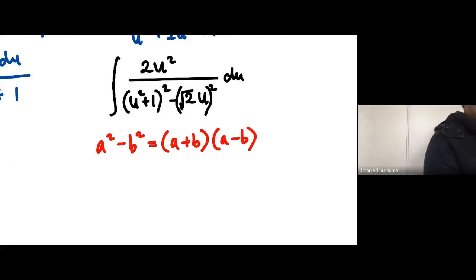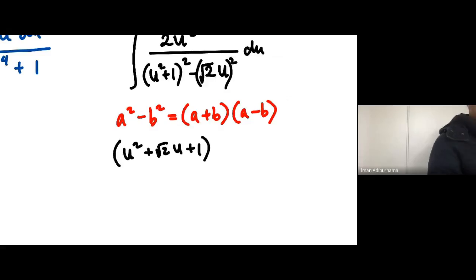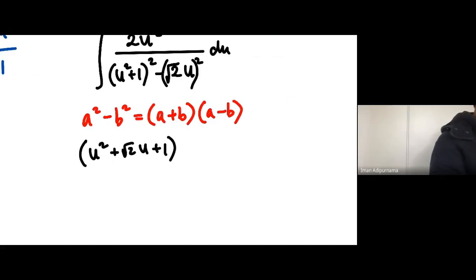So we can separate it into u squared plus square root 2u plus 1, and u squared minus square root 2u plus 1.